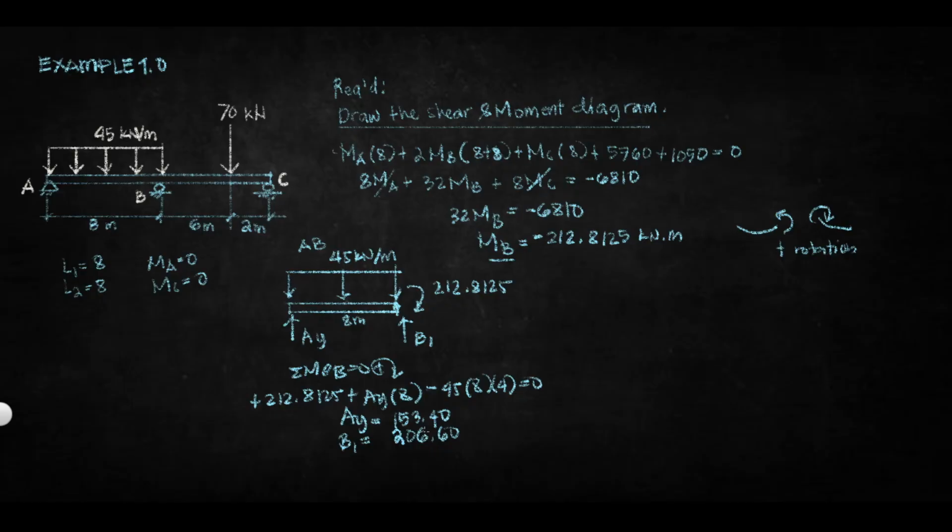So, pag i-add po natin dito, dapat equal siya sa 45 times 8, which is 360. So, 153.40 plus 206.60. So, 360. So, tama po yung AY, B1 po natin.